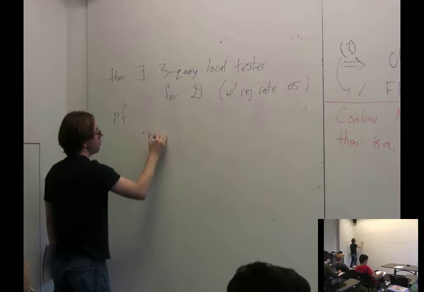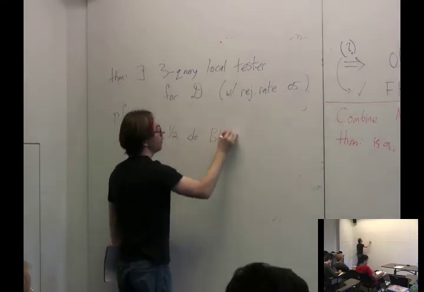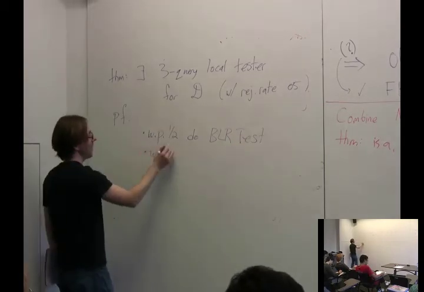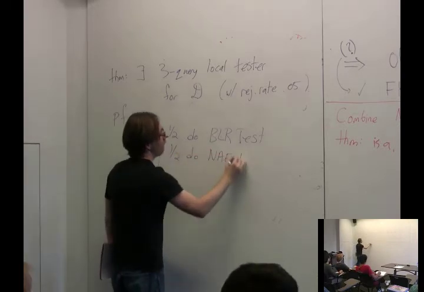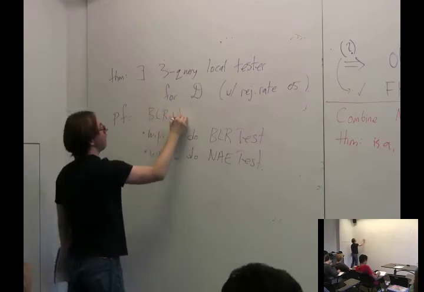With probability 1/2, do the BLR test. I thought it's a good idea. With probability 1/2, do the NAE test. OK, I call this the BLR plus NAE test.